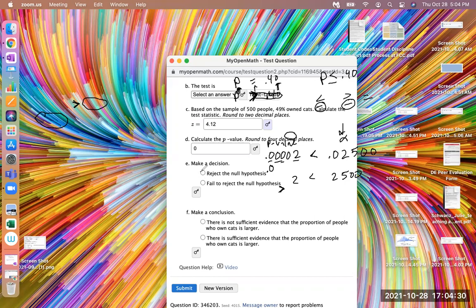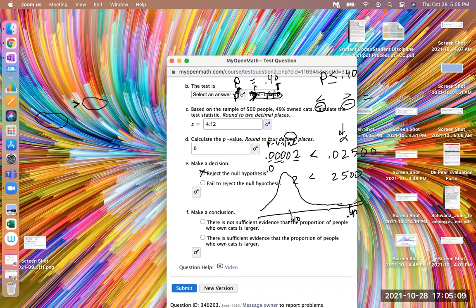And what they're telling us is, I erased the picture, but in this distribution, in a population that has 40% of people that have cats, it's so extremely unlikely to get a sample that large. That's a large sample, 400, 500 people.